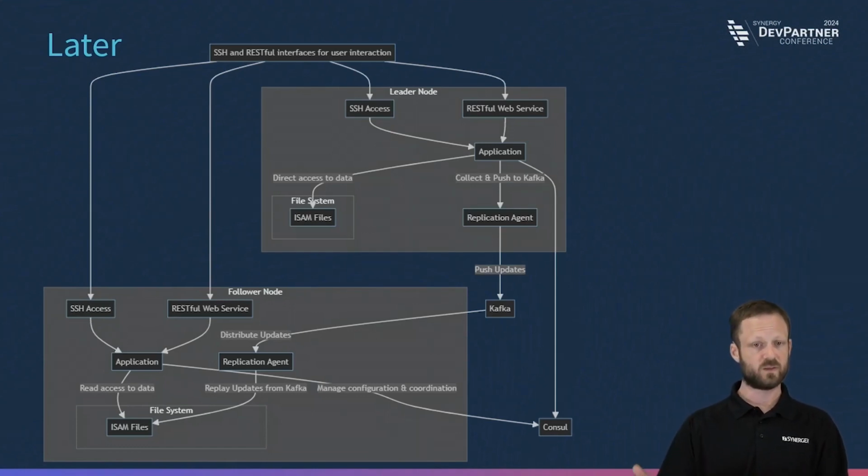Once we've done that separation, it means that we can run the regular application in the follower nodes, and we can run the regular application in the leader node, but the behind-the-scenes bit that's running the write operations can be separate.